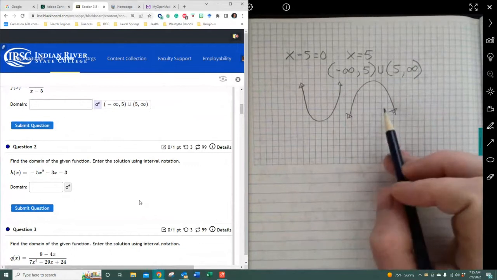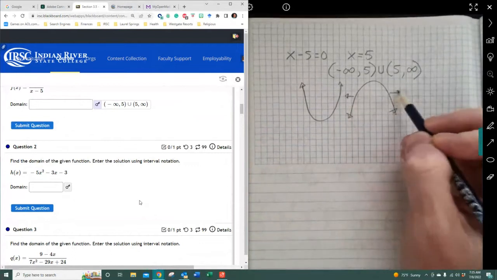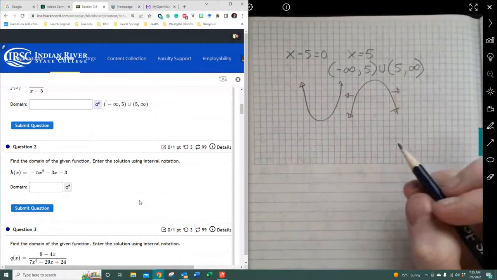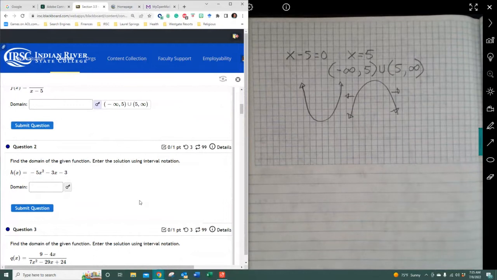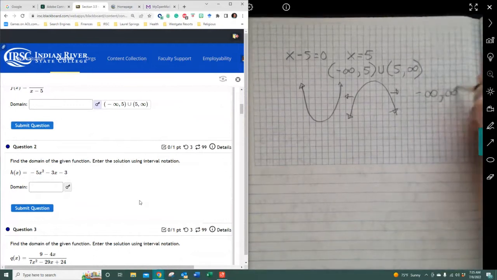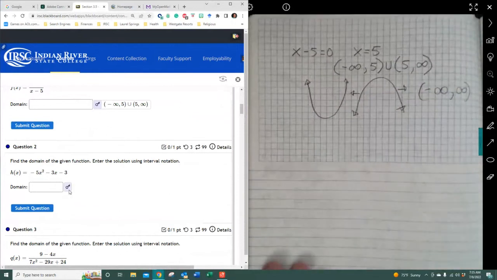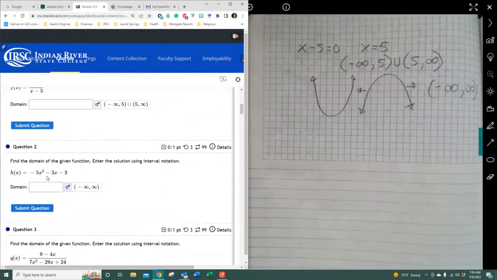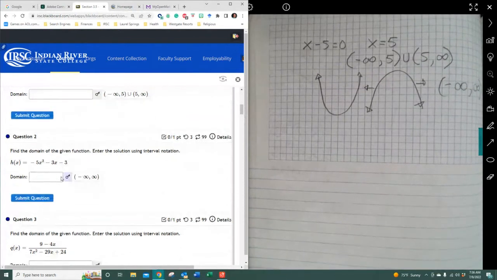But when you look at this, there are no restrictions because you can put whatever you want in for the domain. So the answer is from negative infinity to positive infinity. That's the answer you're looking for. So for all quadratics, it doesn't make a difference. It's always going to be the same exact answer for the domain.